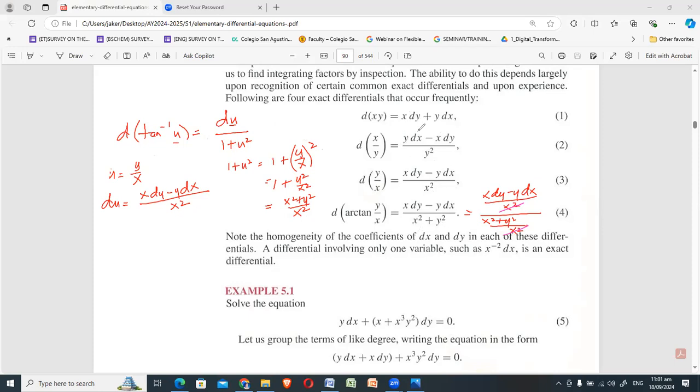Because if you get to see any of this in your differential equation after regrouping, they are all equivalent to this. They are all equivalent to these exact differentials. All you have to do is integrate and drop the d. So you'll get the answer right away, on whatever is written inside the parentheses.